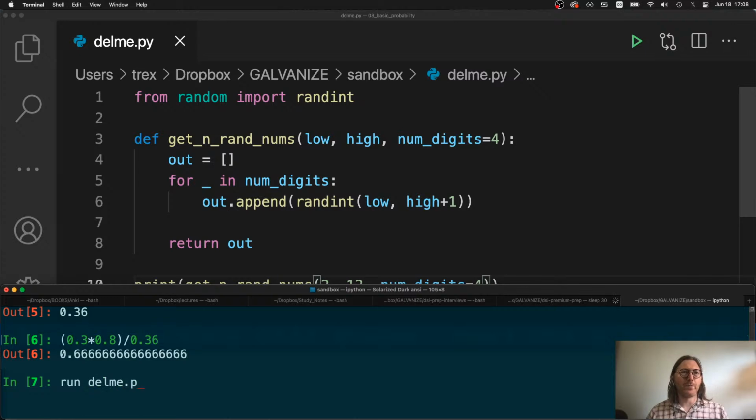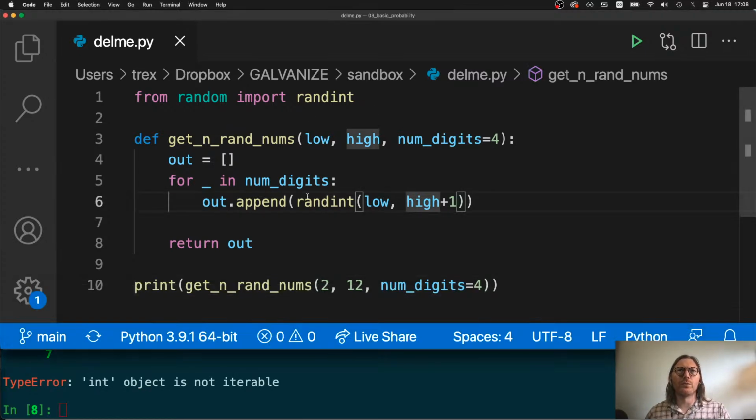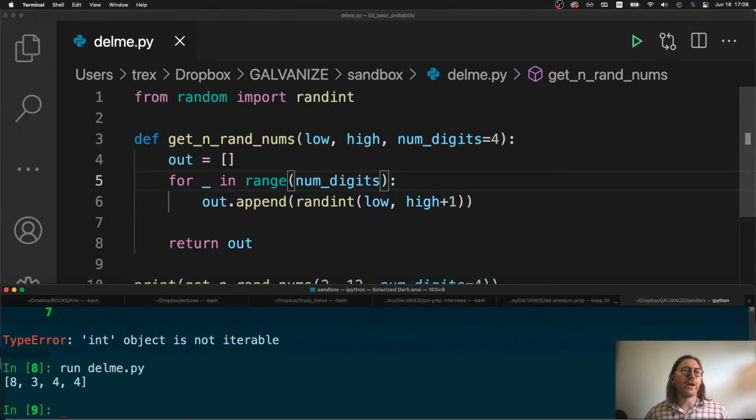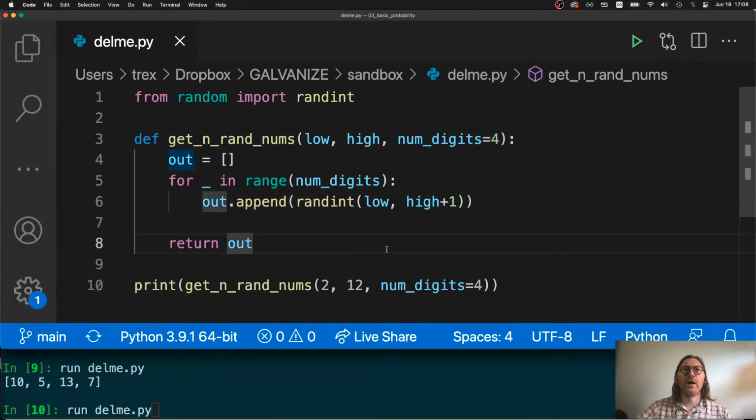Run dummy.py. Int object is not iterable. Oh, that's because I need to do range. Okay, 8, 3, 4, 4. That isn't too surprising. 10, 5, 13, 7. Oh, wait a minute. Interesting.